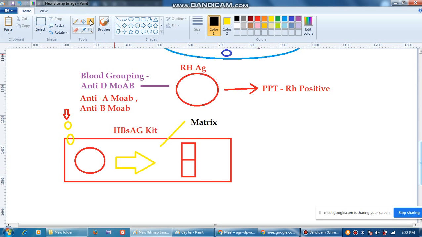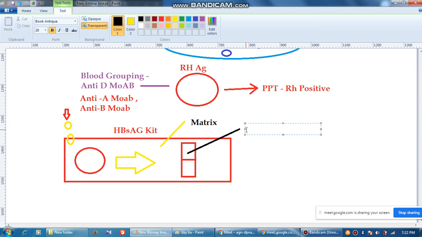Now here there will be an anti-HBsAg monoclonal antibody. So what will happen?